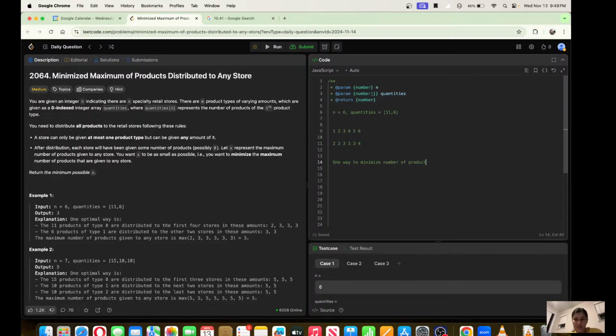the number of products given to any store is to distribute the products equally to all stores. Suppose there were 18 products, then if I distributed 3 3 3 to each, that is nice. But if I do not distribute it equally and give just one to them, then the rest should be given to another one, so another one will receive more.